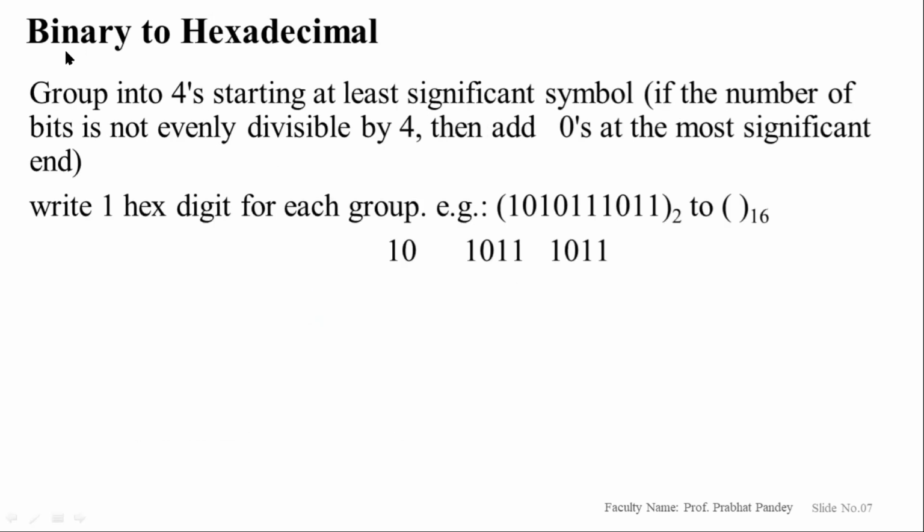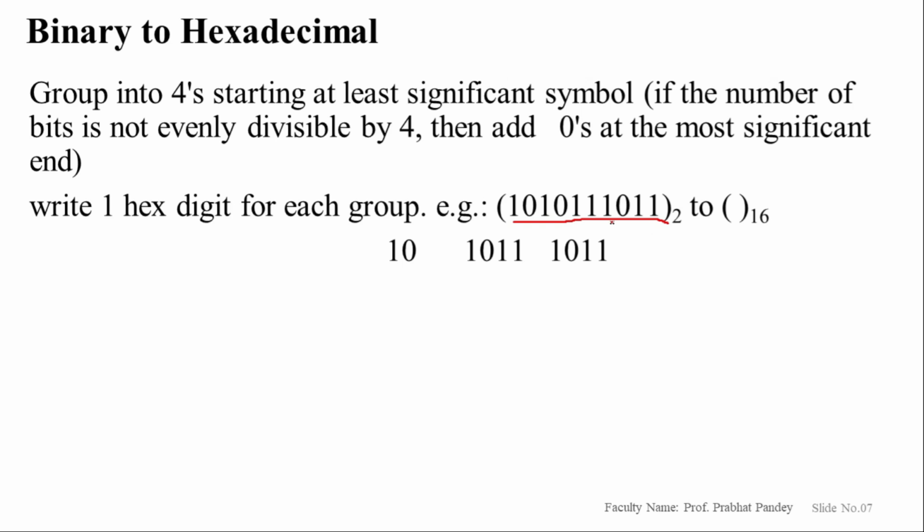Similarly, we often require to convert binary to hexadecimal. For example, we have this binary number and we need to convert it into hexadecimal. We have seen in our table that the hexadecimal position is 4.